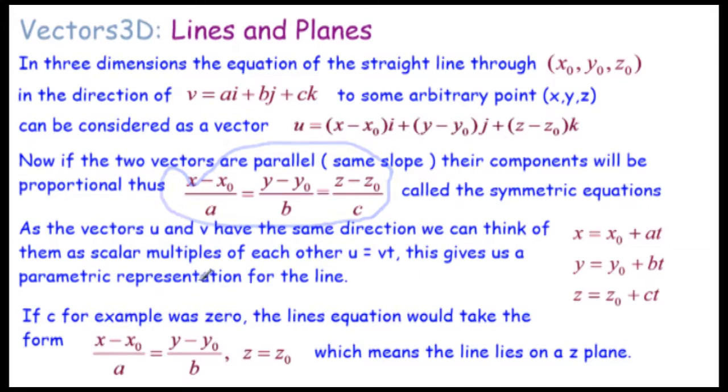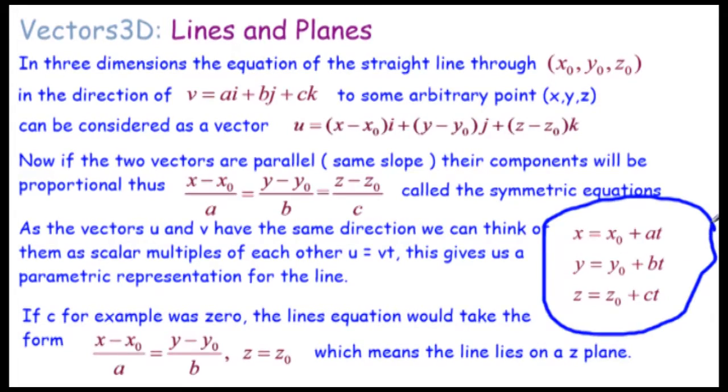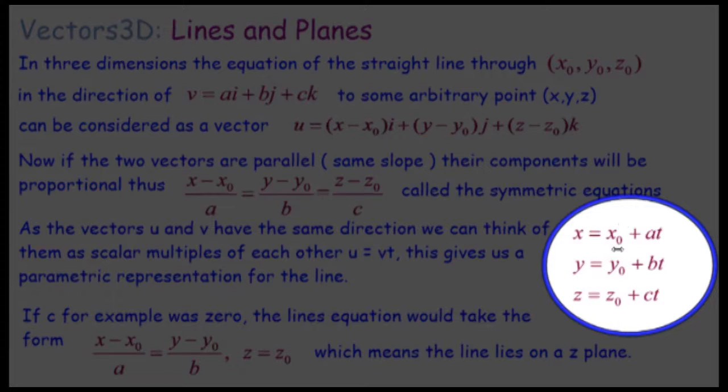But obviously, if one is a scalar multiple of the other, you also get x minus x0 equals at, and then we make x the subject. x is equal to x0 plus at, and y equals y0 plus bt, and z equals z0 plus ct. So this is the parametric equation of a line in 3 dimensions.